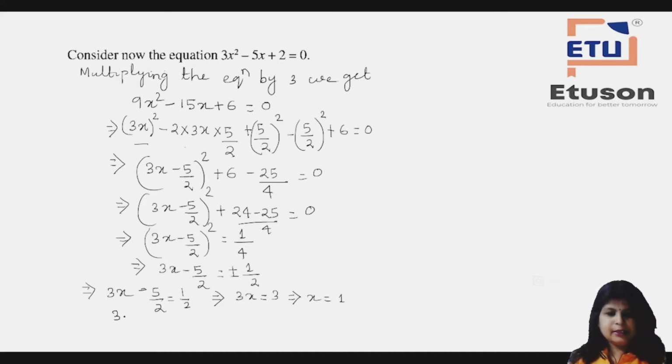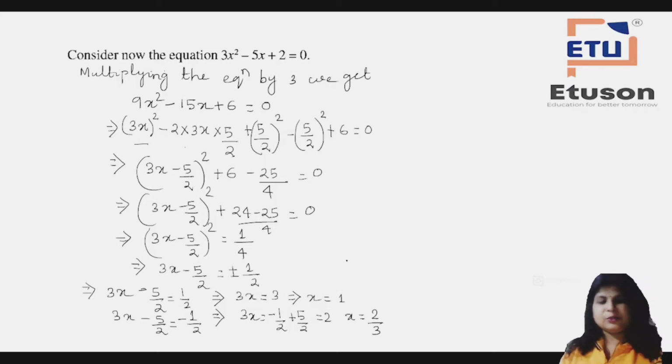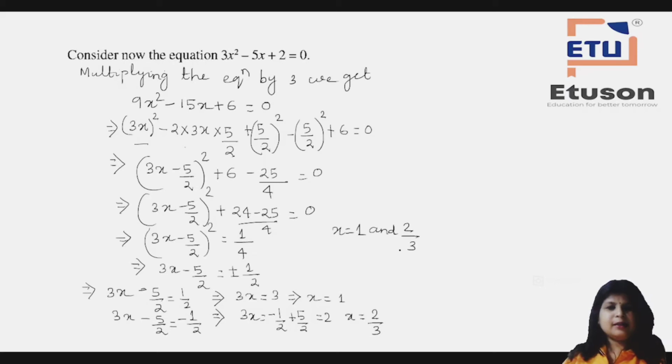If you take 3x minus 5 by 2 is equal to minus 1 by 2, it implies your 3x will be equal to minus 1 by 2 plus 5 by 2, which is nothing but 4 by 2, that is equal to 2. So what will be your x value? x will be equal to 2 divided by 3. So what are the roots of the equation? x is equal to 1 and x is equal to 2 by 3. Correct or not?